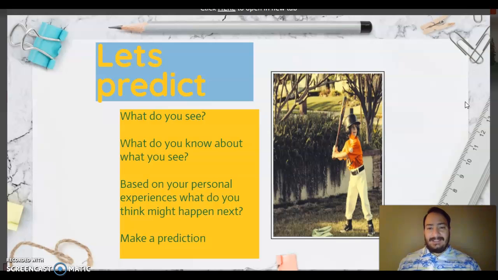I know this because I can see homes behind him and a sidewalk behind him. And I can see that he's standing on grass, not a batter's box. And based on my personal experiences, I see that he is not using a home plate. He is using a folded up blanket.